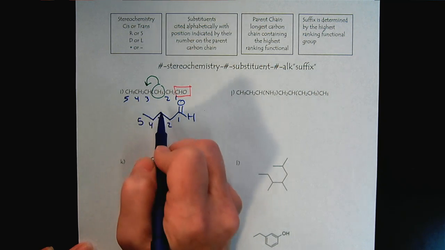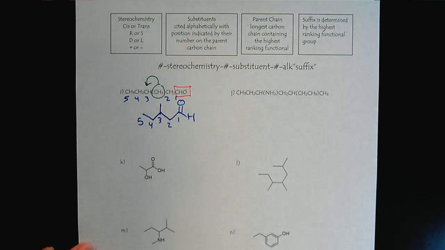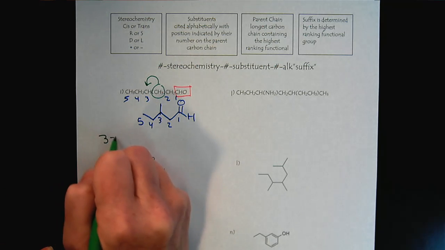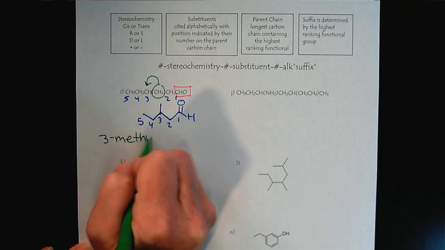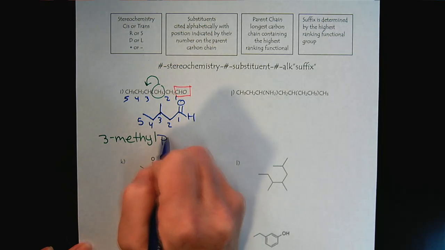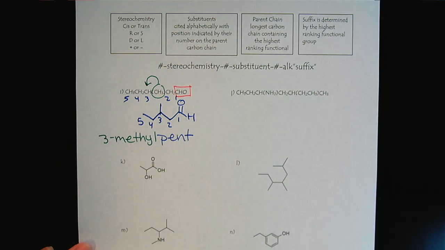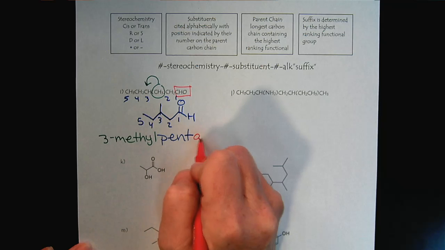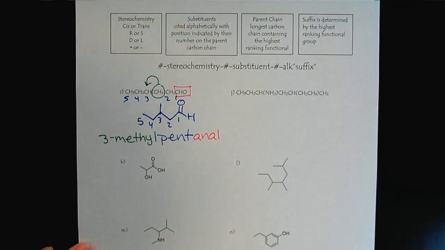And we have the methyl branch coming off of carbon 3. So this would be 3-methyl, 5-carbon chain, pent, and now. There we go. Okay. And now we'll go on to the next one.